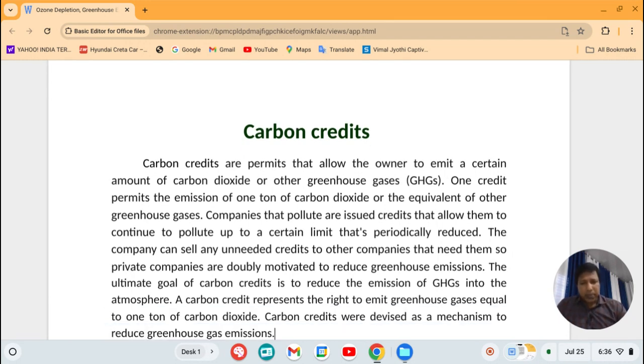A carbon credit represents the right to emit greenhouse gases equal to 1 ton of carbon dioxide. Okay, one carbon credit means any company can emit 1 ton of carbon dioxide or some other greenhouse gases.